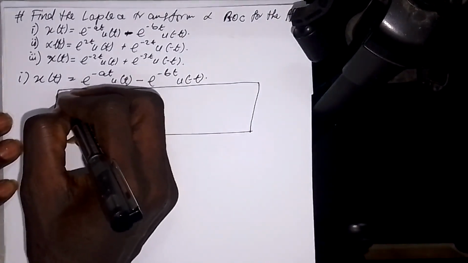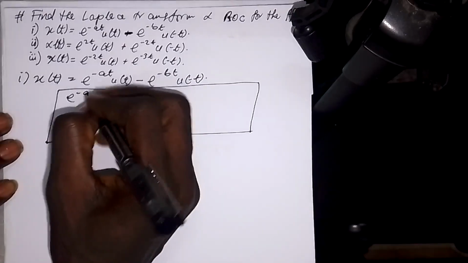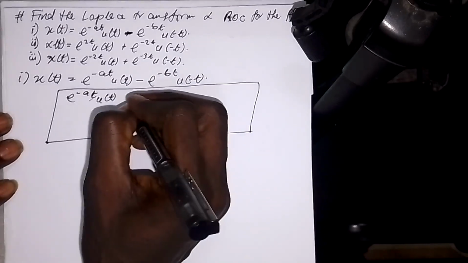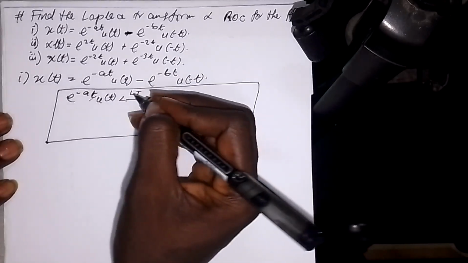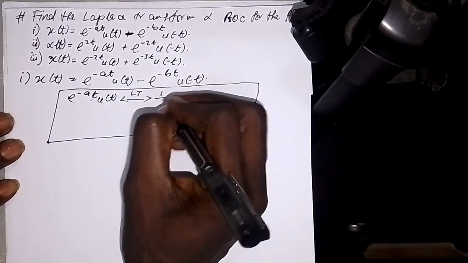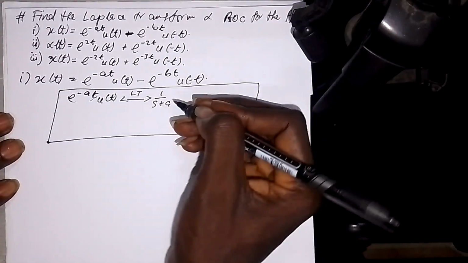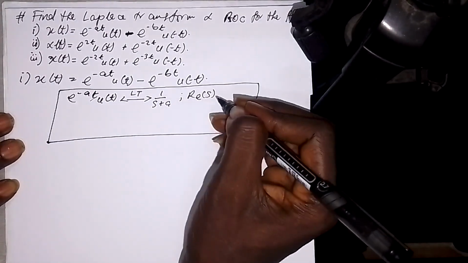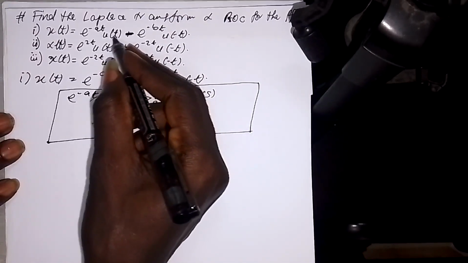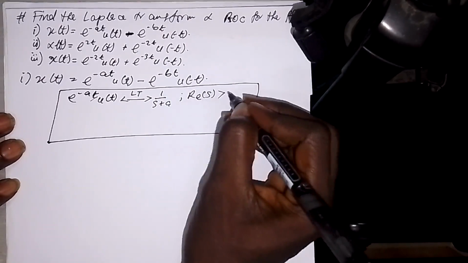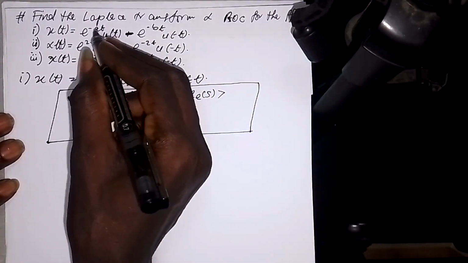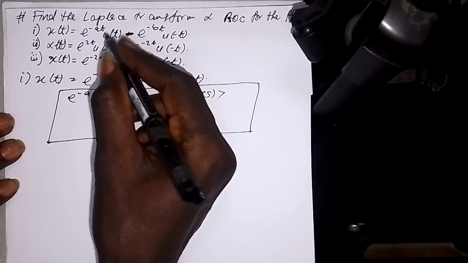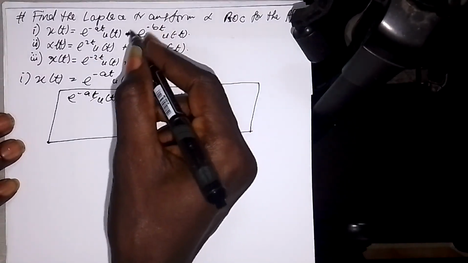There we found the Laplace transform of e to the minus at times u of t to be 1 over s plus a, and our ROC was real of s greater than, sigma plus a greater than 0.